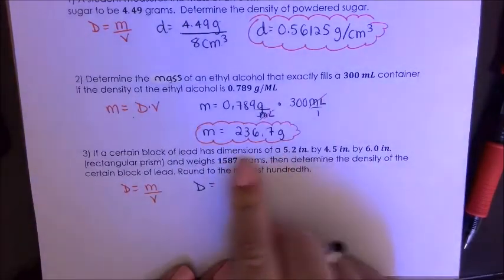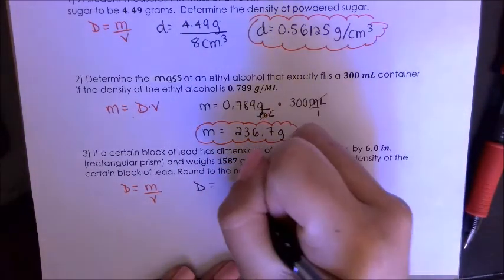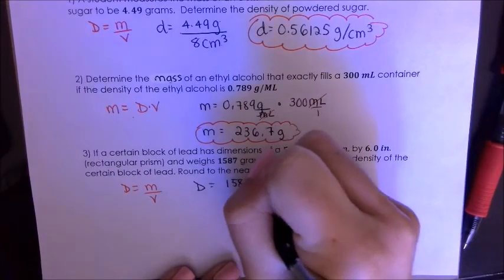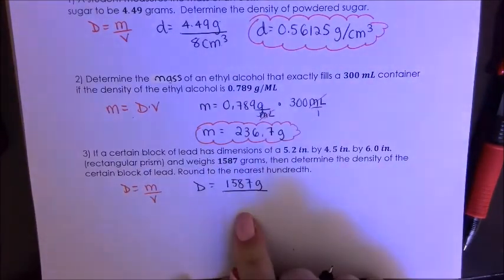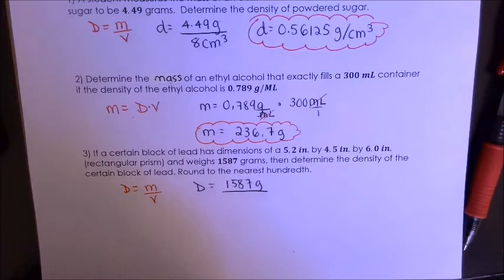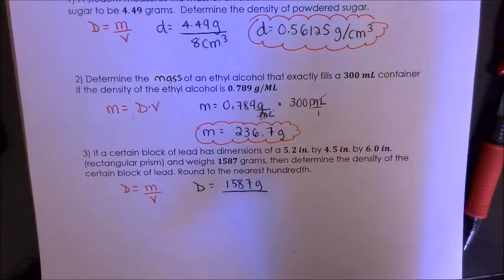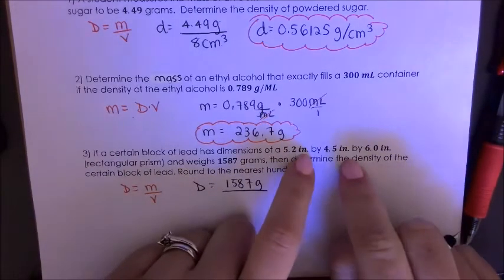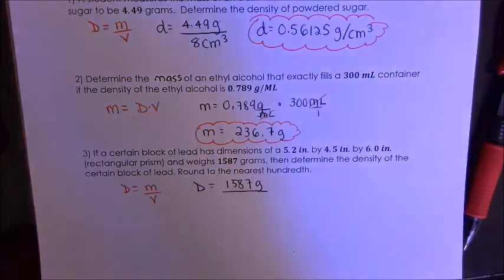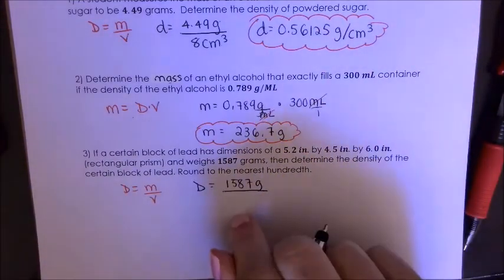I have grams, that's my mass, so 1,587 grams. And now all I need is my volume. Notice in this problem I am not given any volume at all. So that means I need to find my volume. Because it's a rectangular prism, I can use the volume formula.